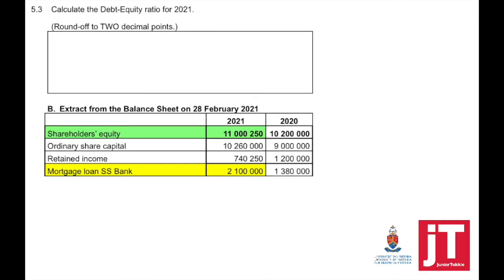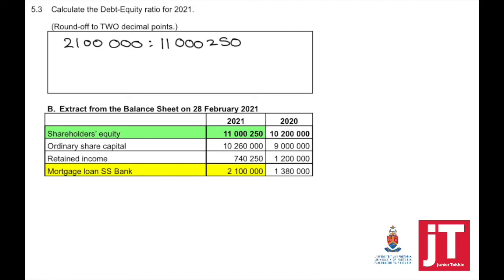To calculate the debt equity ratio, we need to take our non-current liabilities divided by the shareholders' equity. Shareholders' equity always consists of the ordinary share capital plus the retained income. We're going to take 2.1 million divided by the shareholders' equity 11,250,000.